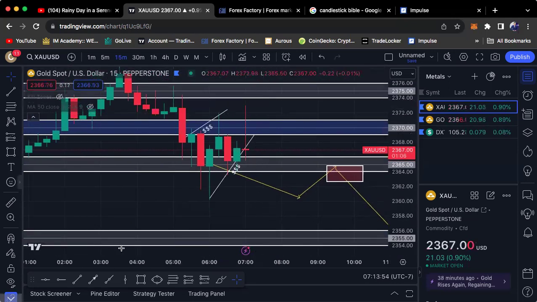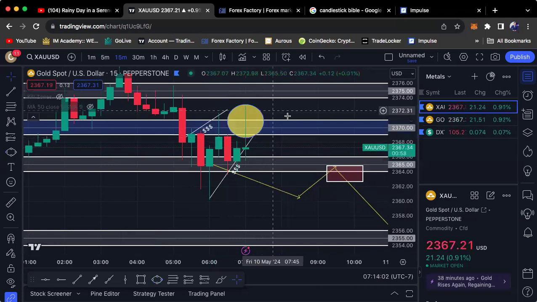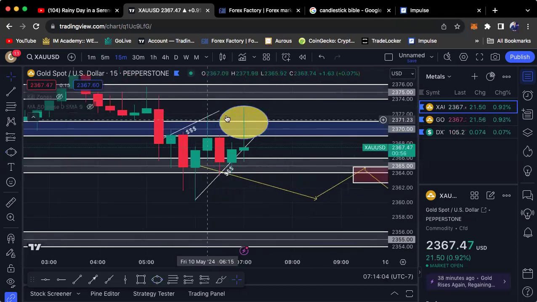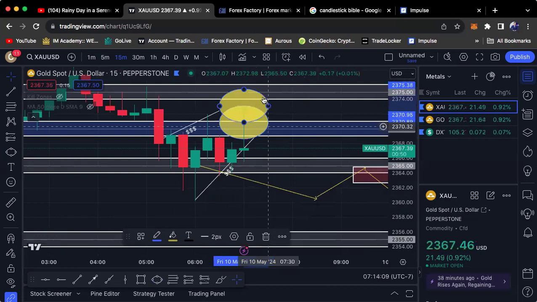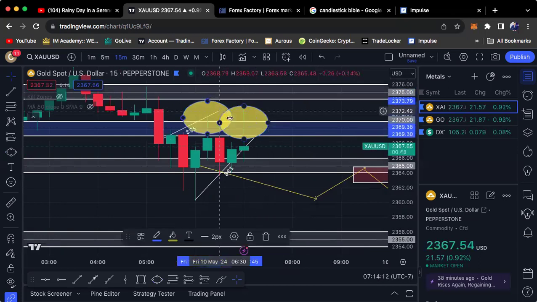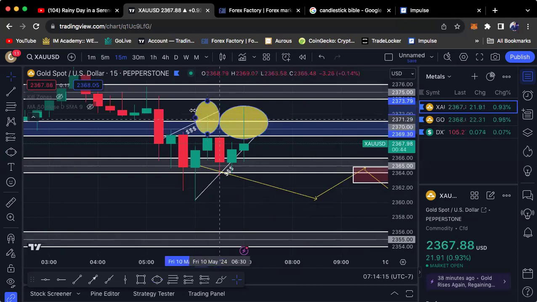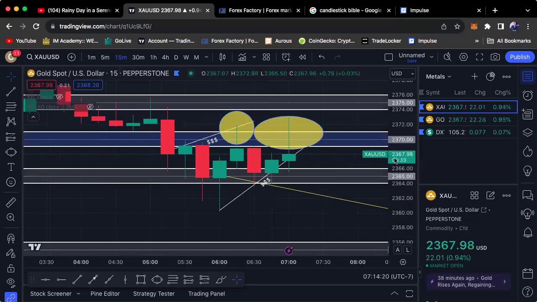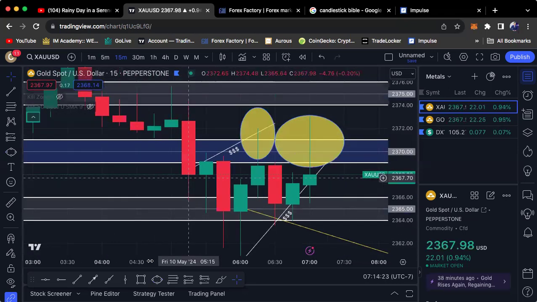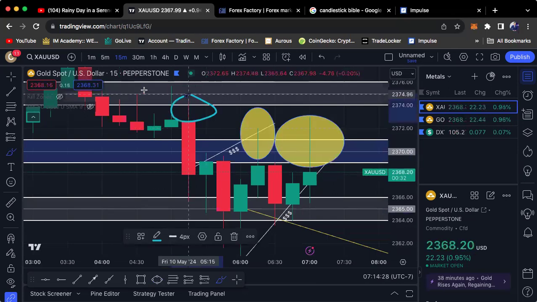So whenever you see wicks like this happening, see this wick right here, and then you have another wick here. And then you have another one here. Okay, these are all sellers pushing price down.